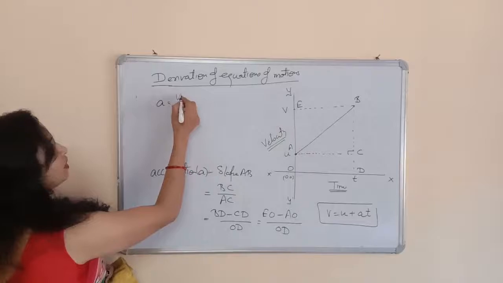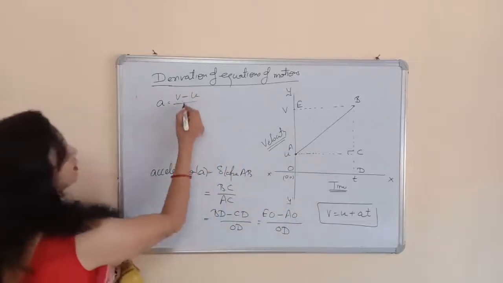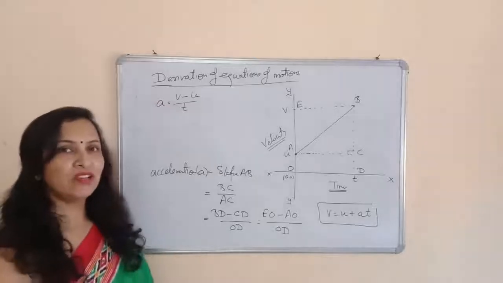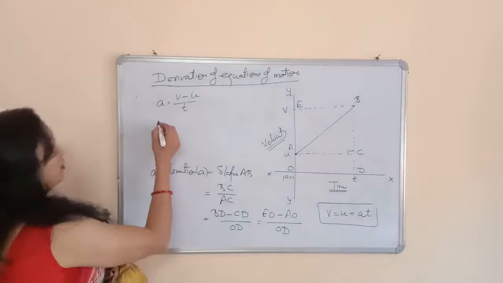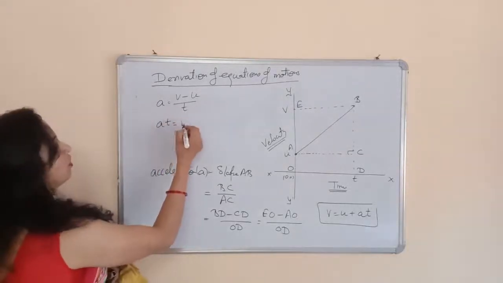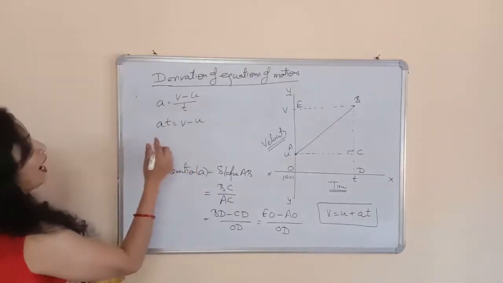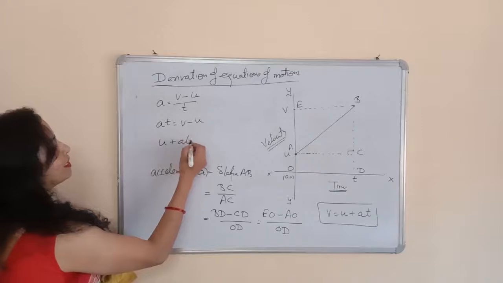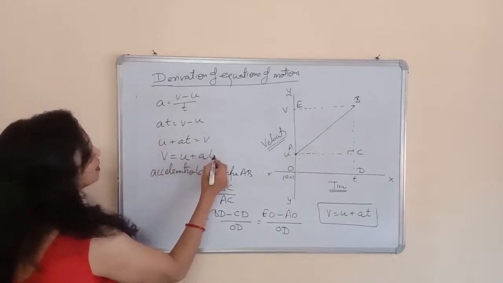EO is V, minus AO is U, upon OD is T. And simply we solve it like we solve linear equations in maths. By cross multiplication, T will be here with A. In multiplication, V minus U, and U will go towards the left side, so it will be U plus AT is equal to V, or we can write V is equal to U plus AT.